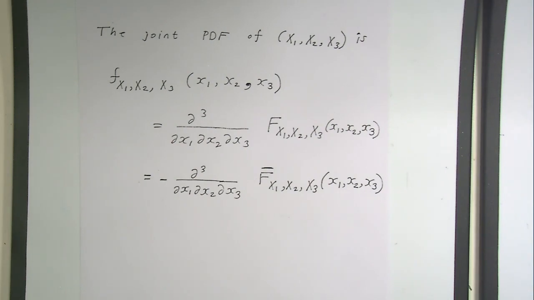So these two formulas are equivalent to each other. Either you differentiate the joint CDF or the joint survival function. In the latter case, you need to put a negative sign, right?